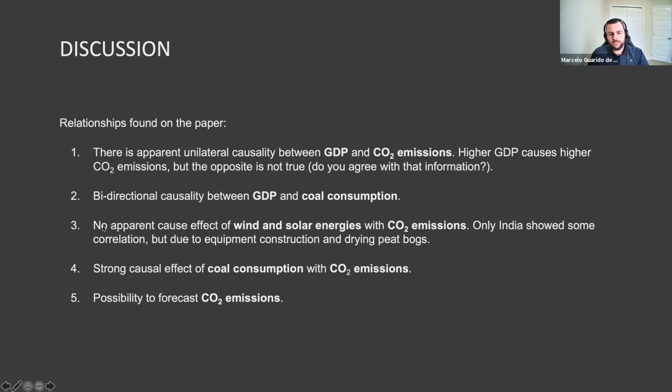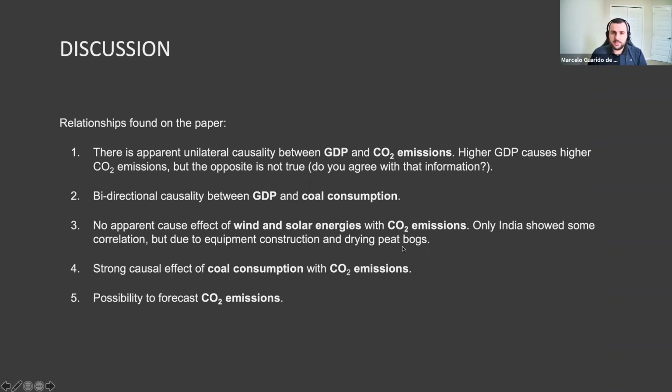They also saw that there is no apparent cause-effect of wind and solar energies with CO2 emissions. That's quite straightforward. Only India showed some correlation, but they said that's due to equipment construction and also to drying peat bogs.